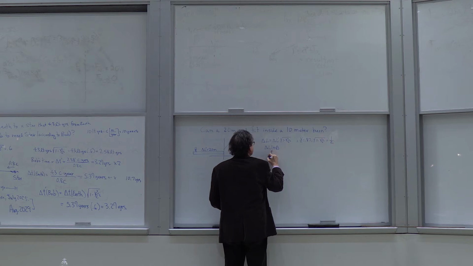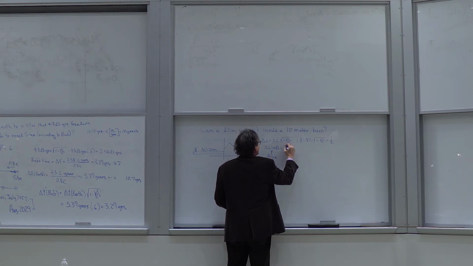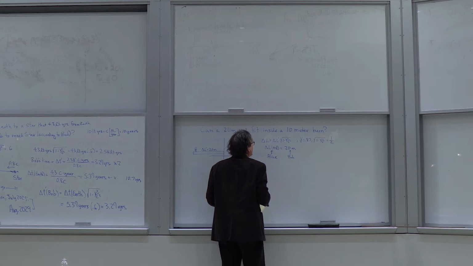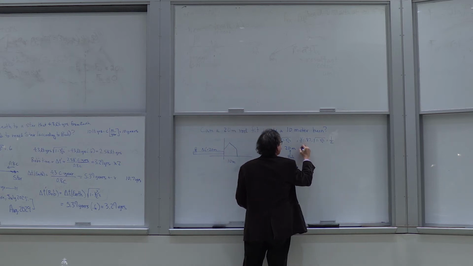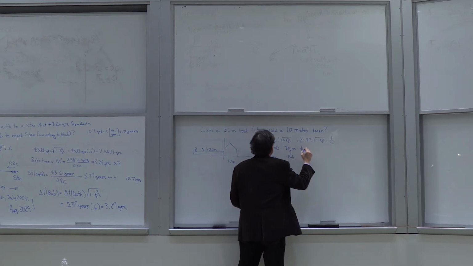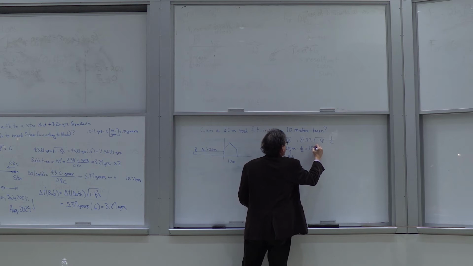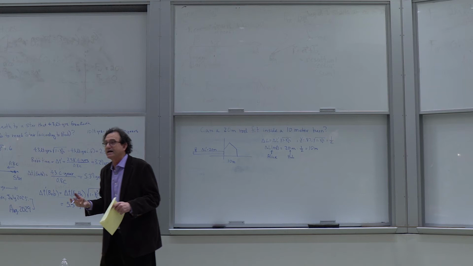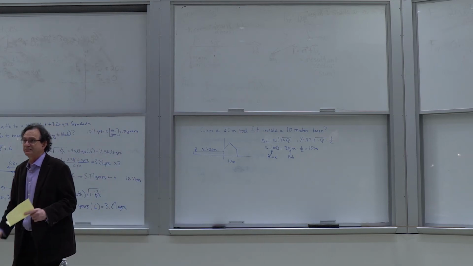According to Alice, by Alice's measurement, this is equal to 20 meters by Bob's measurement times 1/2. And that, in fact, is equal to 10. And 10 meters is the length of her barn. So she says the rod fits.